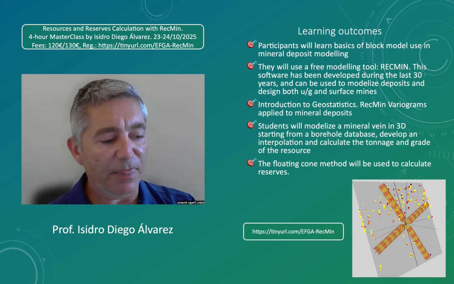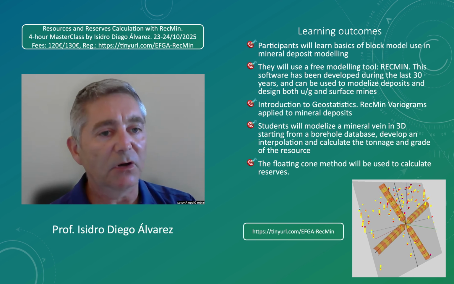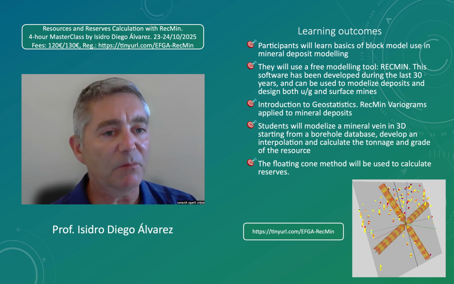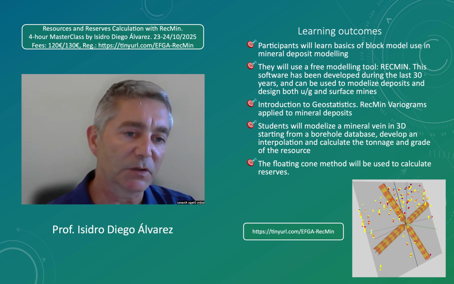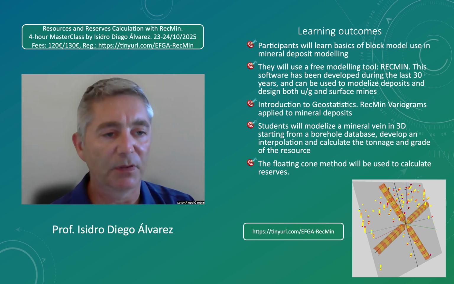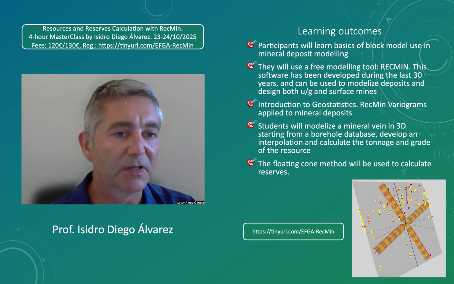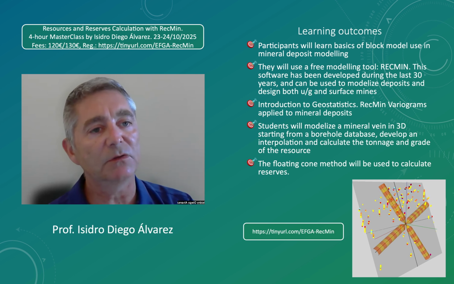Once the geostatistics of the deposit is known, we will draw the three-dimensional shape of the deposit, which can be done with several tools of the software, and then make the interpolation inside these three-dimensional shapes.